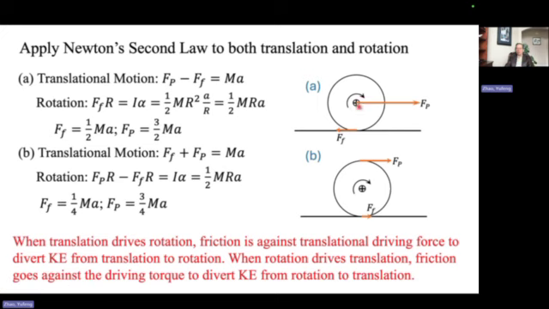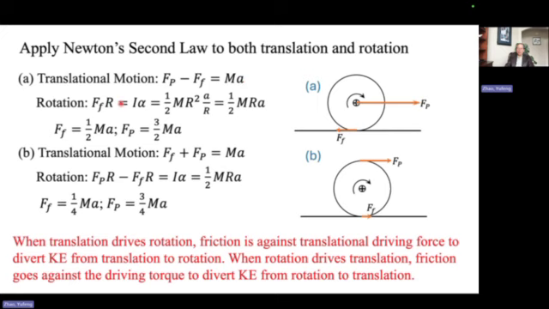That means the driving force is passing through the center of mass, which is, of course, the rotational axis. First, we apply Newton's second law to the translational motion. That means Fp minus Ff, friction, equals mass times a. a is the linear acceleration.